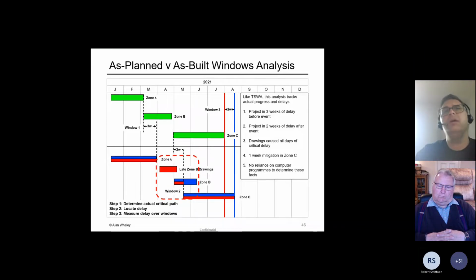It's really straightforward. But we know that the project was actually in 3 weeks of delay before the event started, and interestingly, the project was in 2 weeks of delay after the event ended. So actually, the contractor managed to achieve a 1 week mitigation by resequencing the work. So not a prolongation claim here, but certainly a mitigation claim.